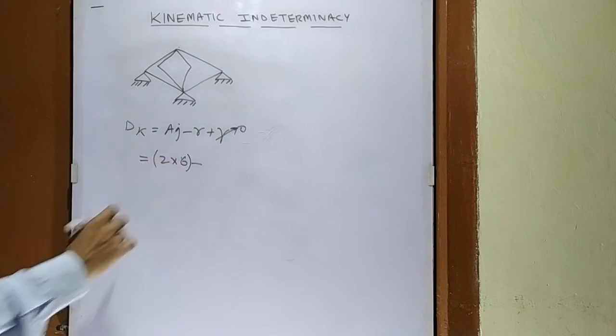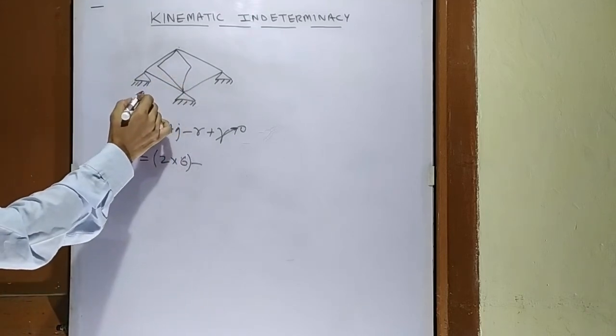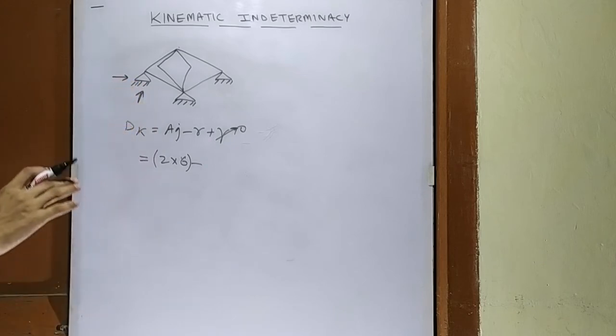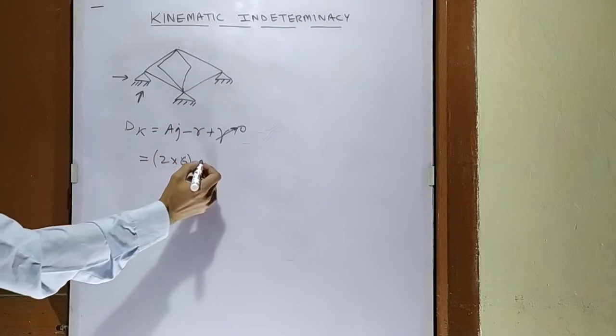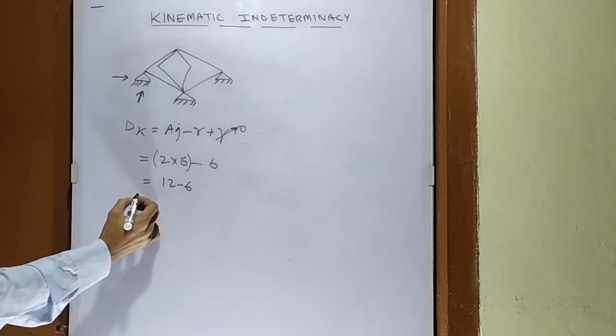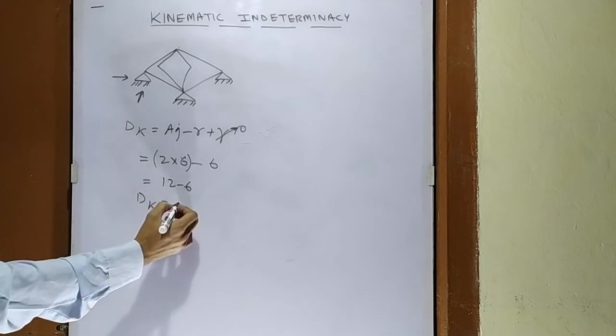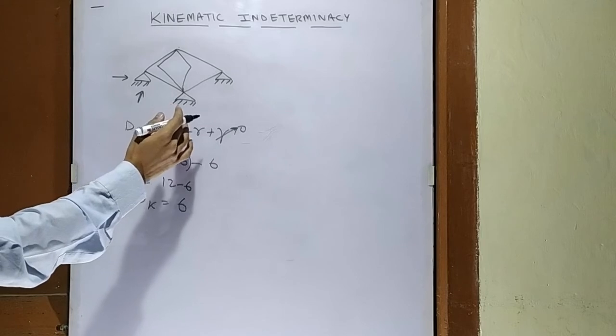And what is the number of r? You can count very easily because all these joints are pin joints. So 2 reactions will be available at each pin joint, 2 2 2, and this will be total 6. So you can just calculate 12 minus 6. So the degree of kinematic indeterminacy will be 6. Okay, you can count manually from the figure very easily.